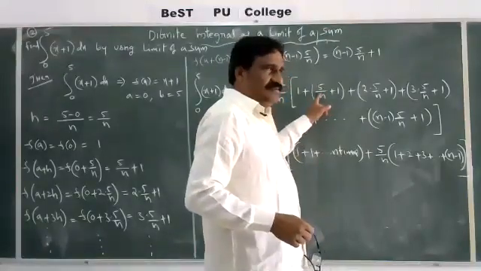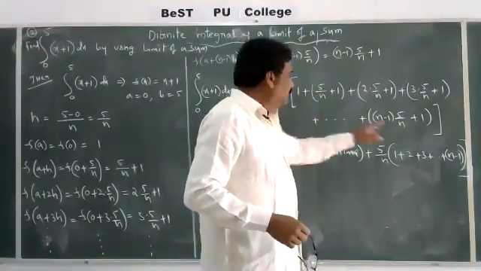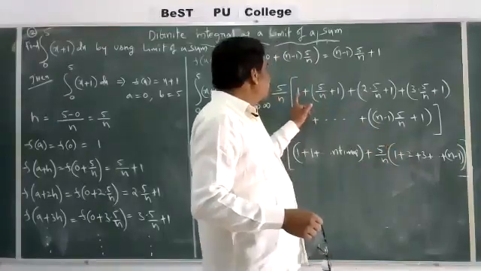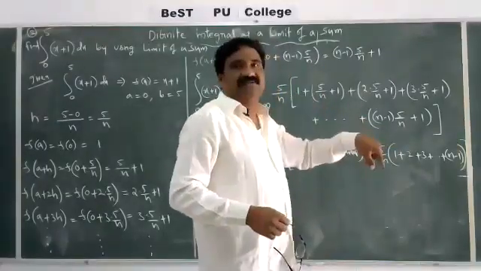Starting from here, that's why n minus 1 terms. Here the ones are starting here, that's why n terms. That is the difference.